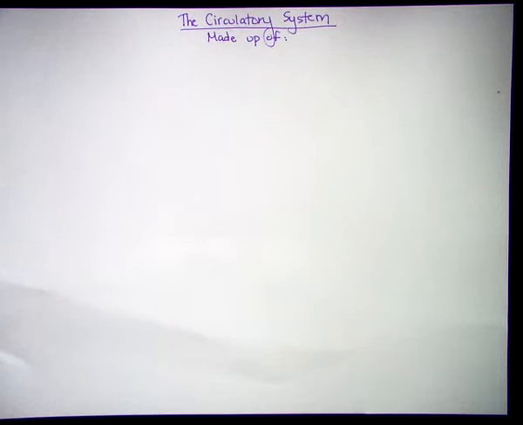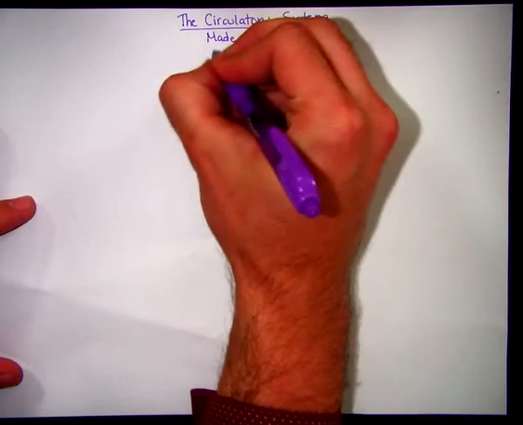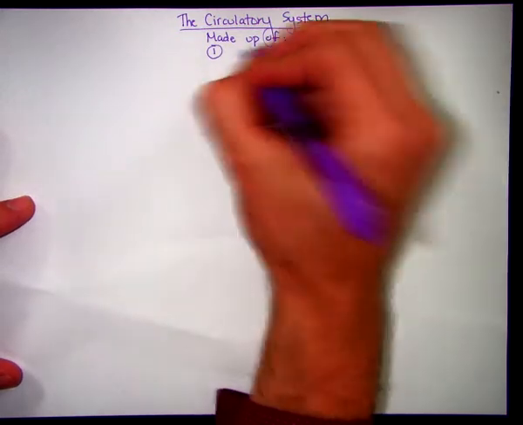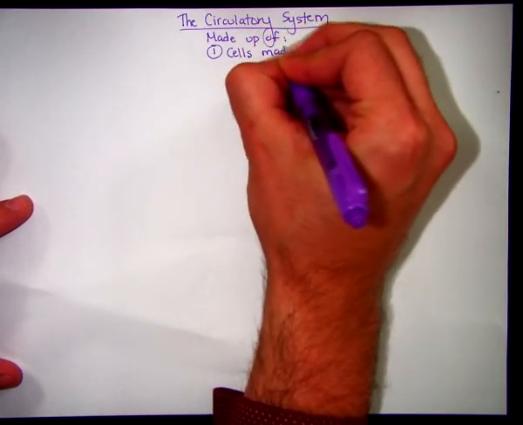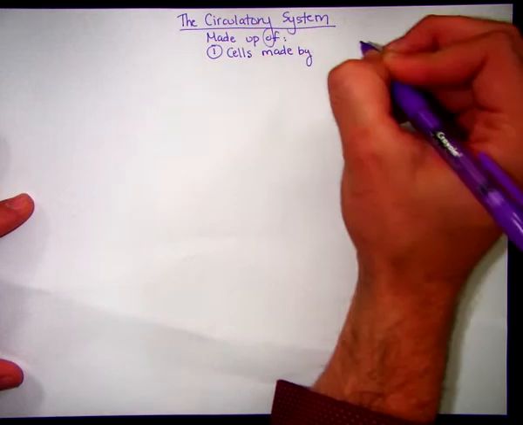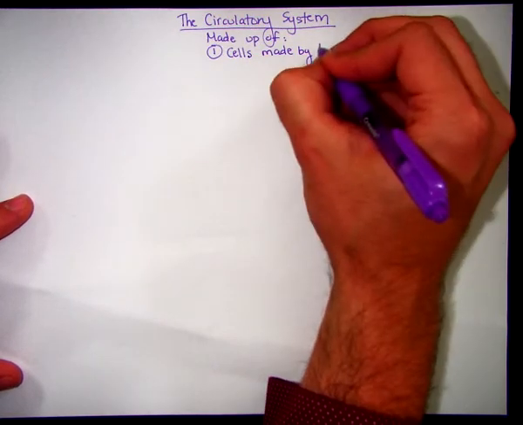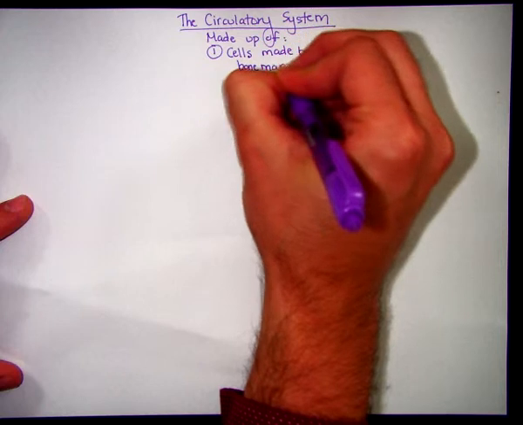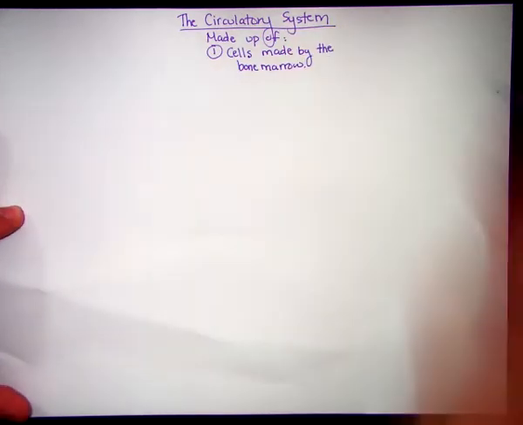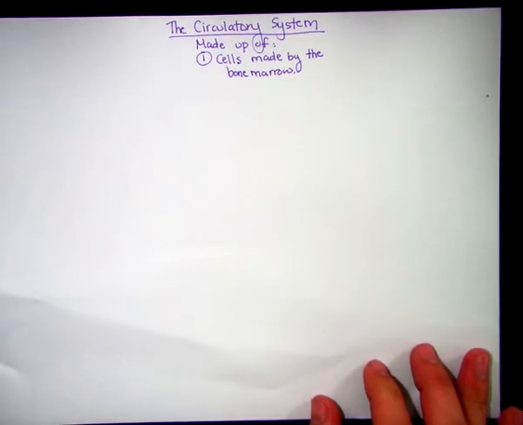Made up of three things. The first thing, it's made up of cells made by the bone marrow.